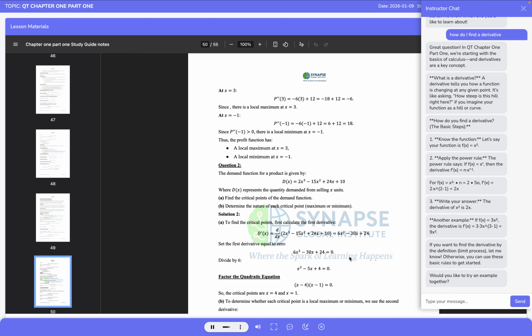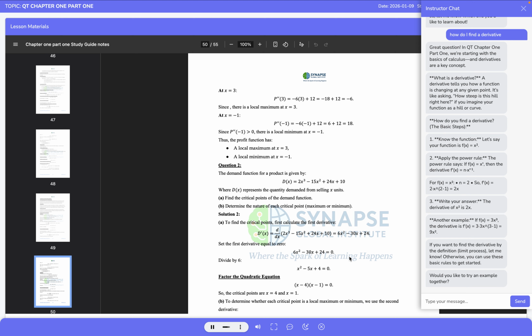This means the profit function reaches a local maximum at x equals 3 and a local minimum at x equals negative 1. In the second question, the demand function is given by 2x cubed minus 15x squared plus 24x plus 10. Differentiating gives 6x squared minus 30x plus 24.